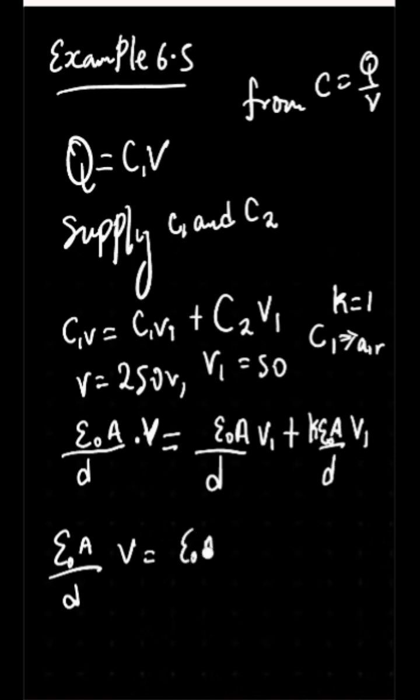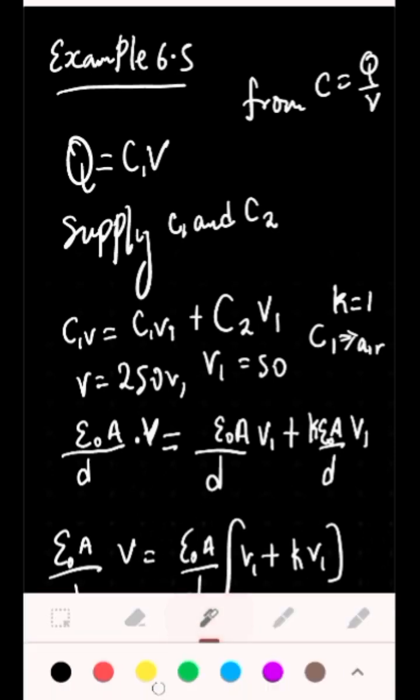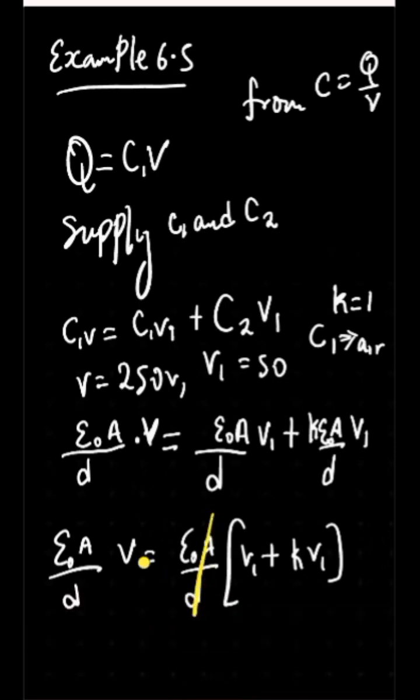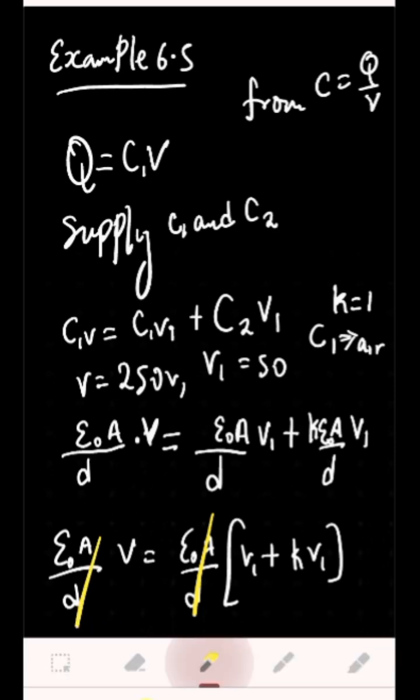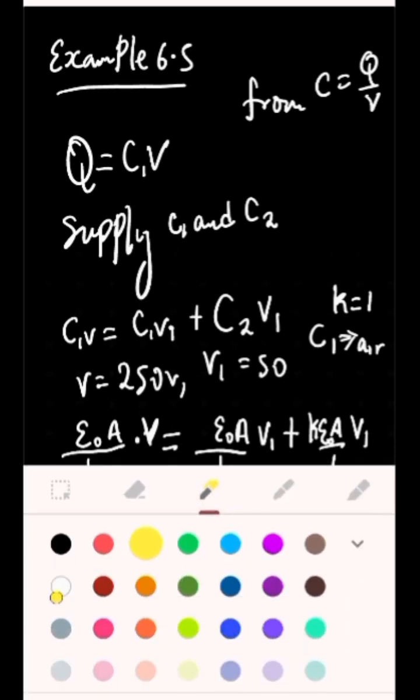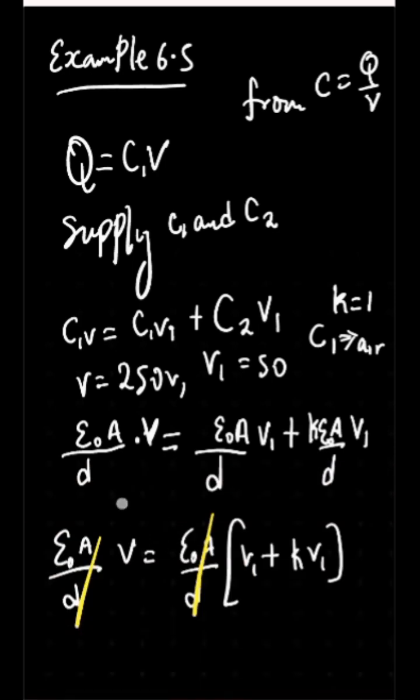Epsilon A over D bracket V1 plus K V1. So if they cancel out here, what should you have? Right? So you will have V equals to V1 plus KV1.